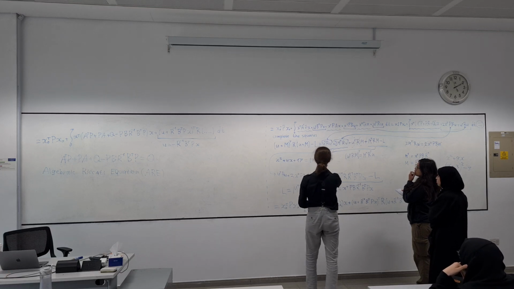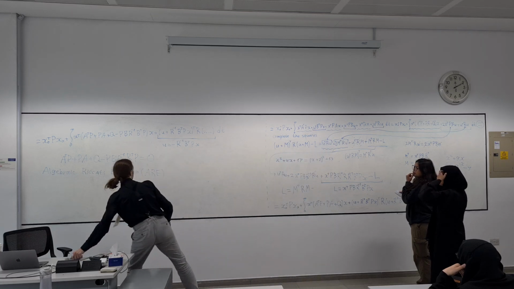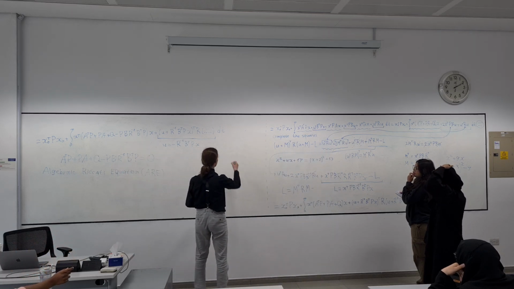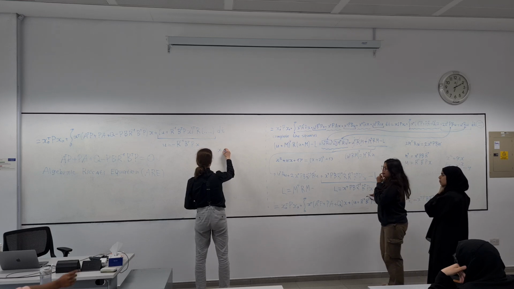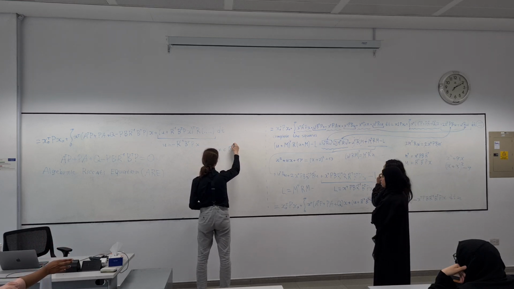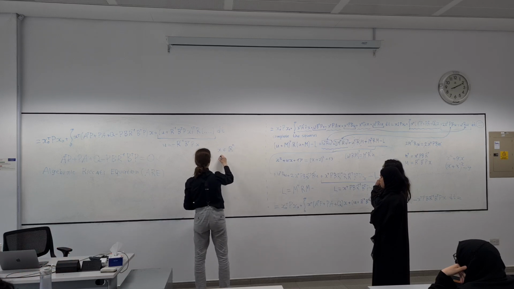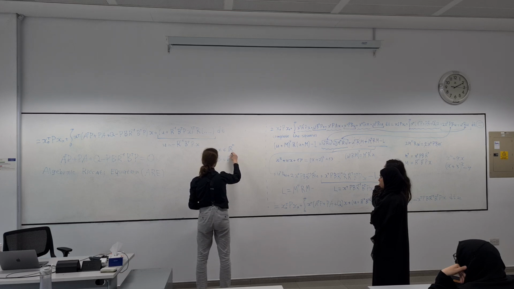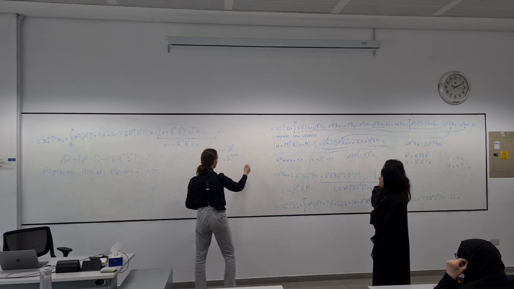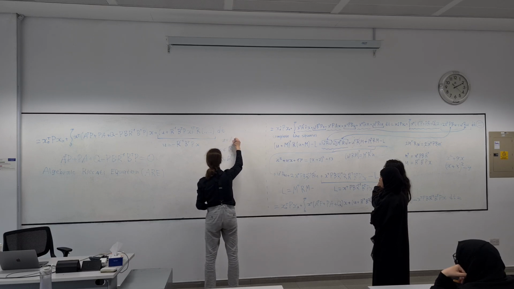Because of the shapes. So let's take a look. X has the shape of n by 1, so it's a column vector. B has the shape of n times m. This one is a square matrix, n by n.